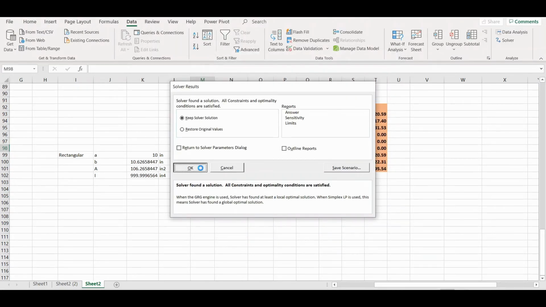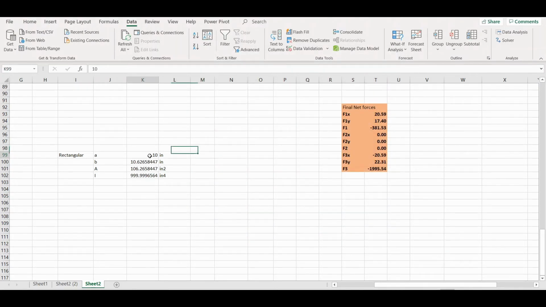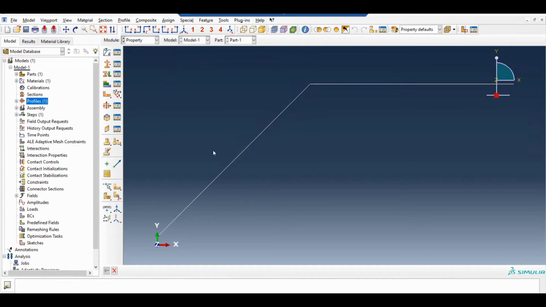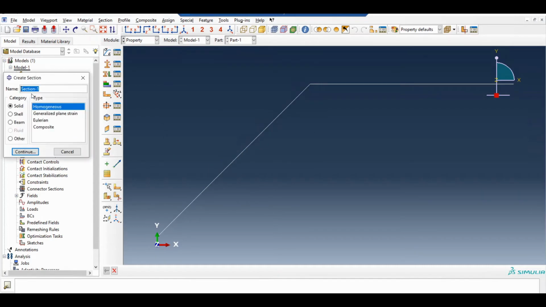Okay, so we get A as 10, B as 10.6, area as 106, which is close to 100, and moment of inertia as 1000. So let us just use this one as an approximation to the given values. A is 10, this is 10.62.